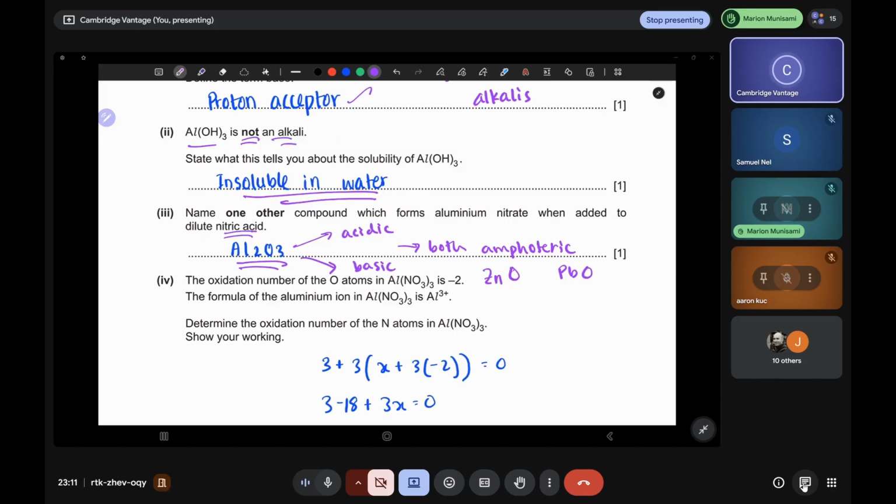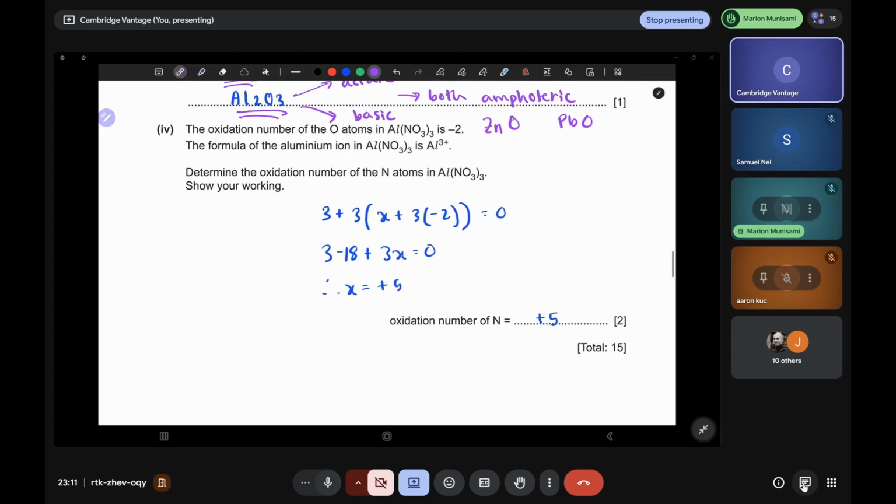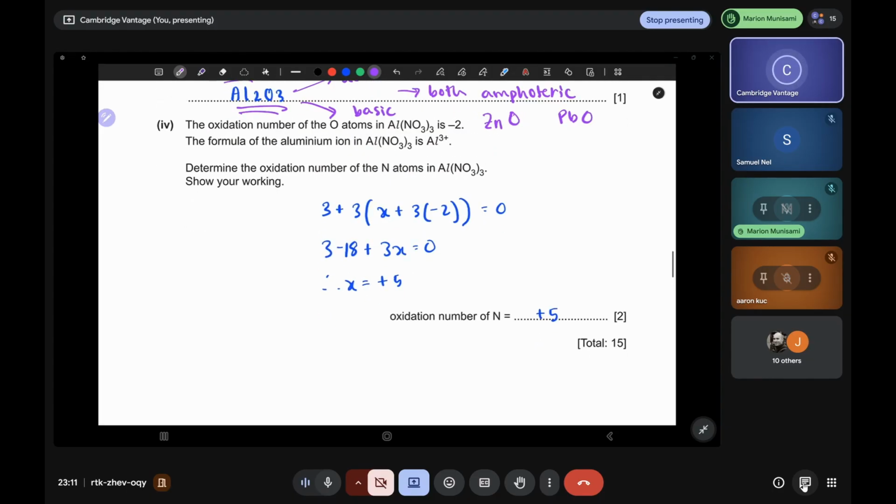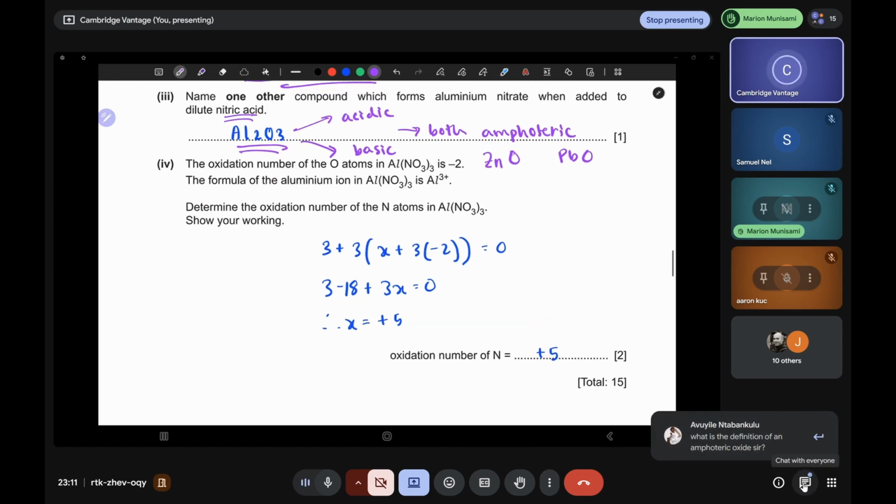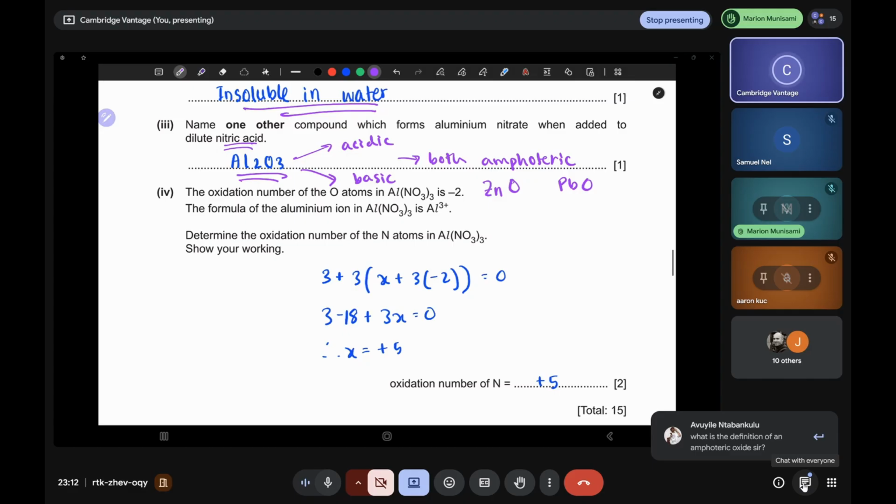Do correct me if I am. For amphoteric oxide, what you just write is it's an oxide that reacts with both an acid and a base. If you write that, that should suffice.